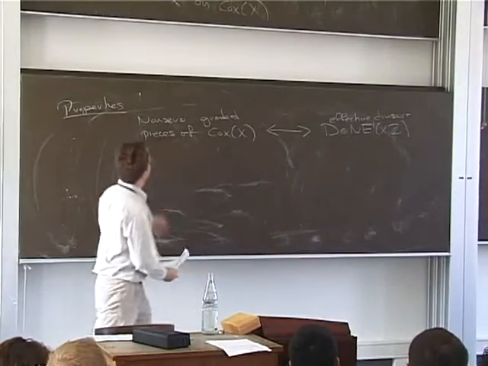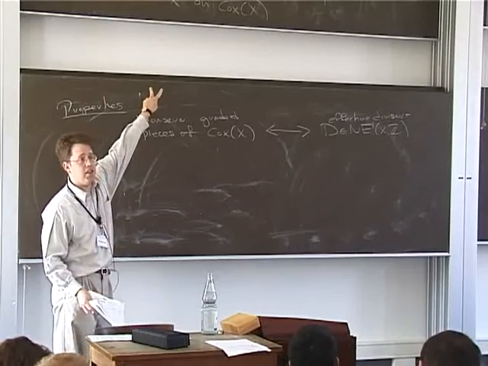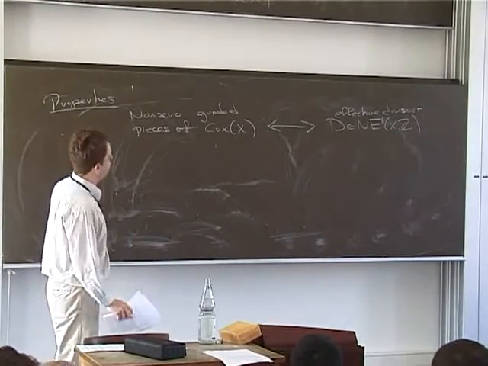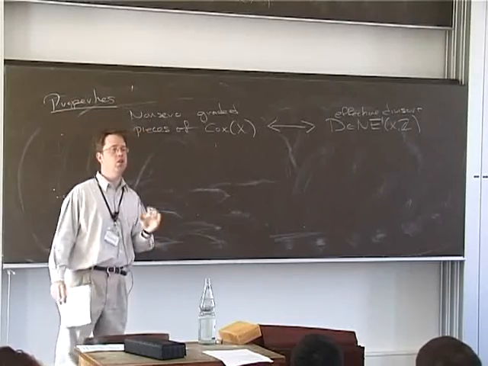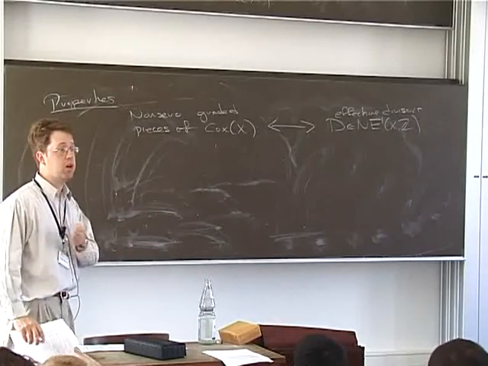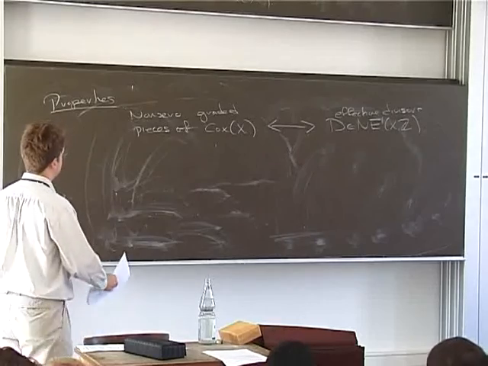So, I mean, a piece is non-zero if and only if the corresponding divisor is effective. So this is the first hint that there's going to be some connection between the birational geometry that we spent a lot of time talking about earlier this week in the structure of these rings.